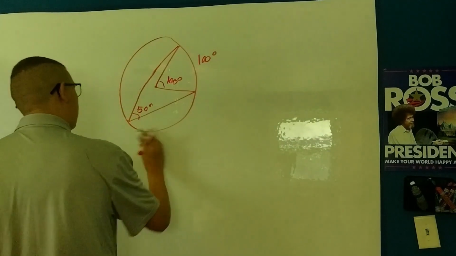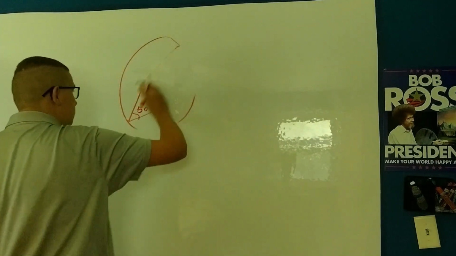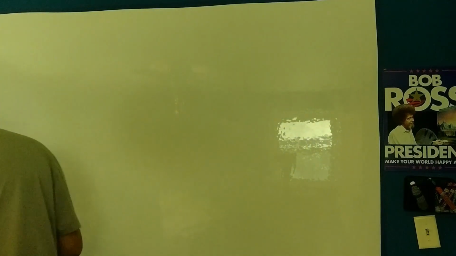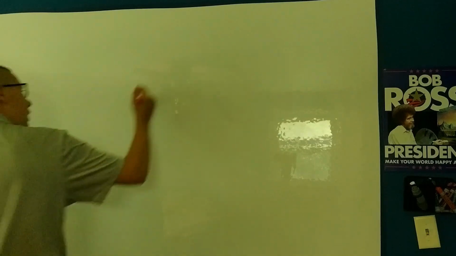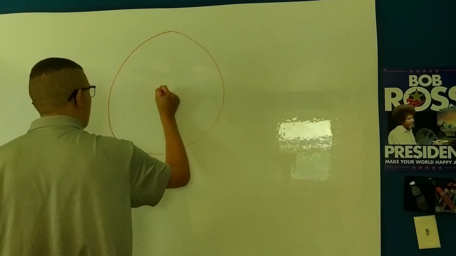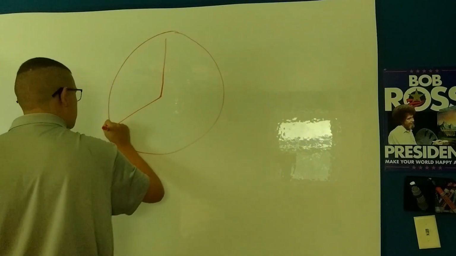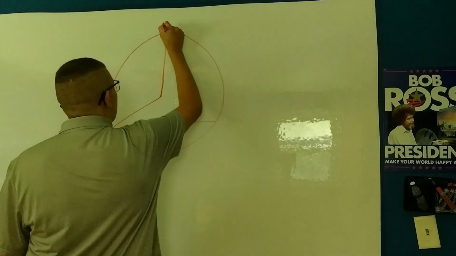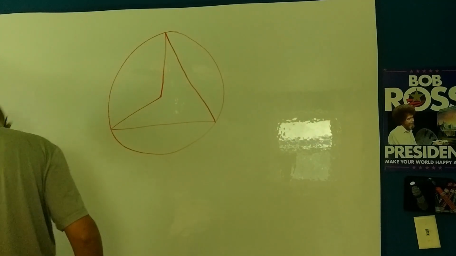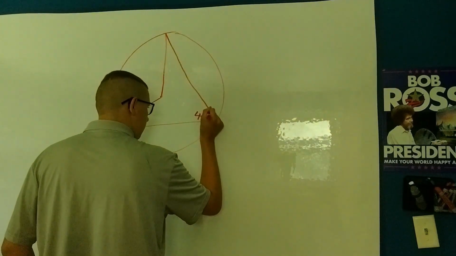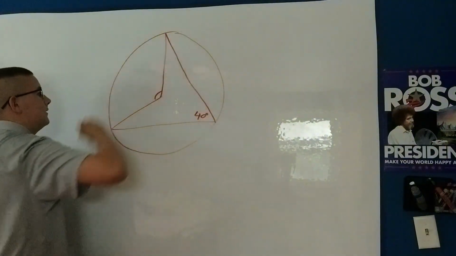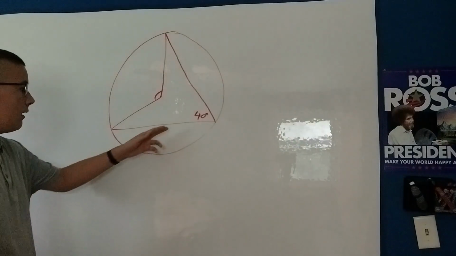One more like that. So if we have this here, and I tell you that this is 40 degrees, like that, and I ask you to find this and this arc angle.